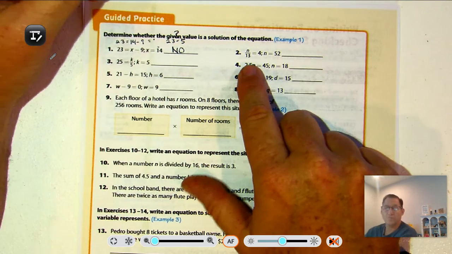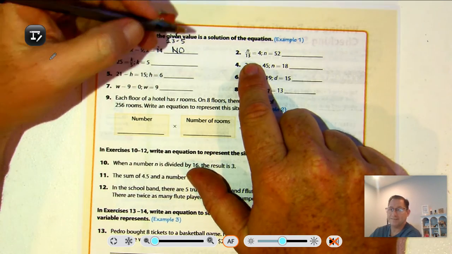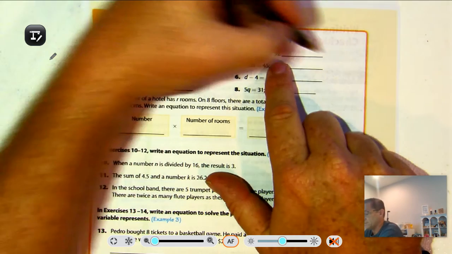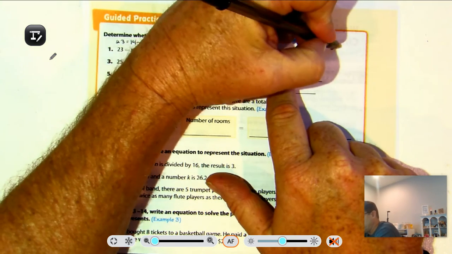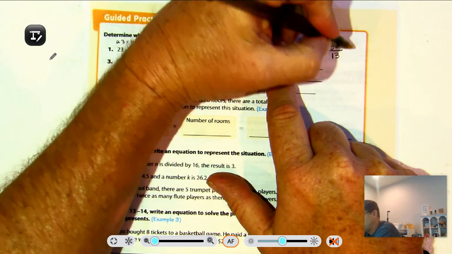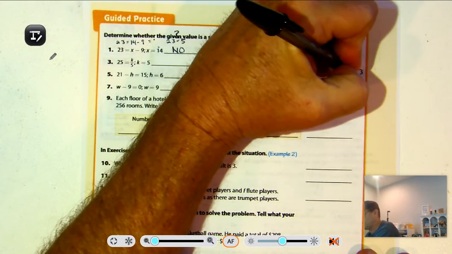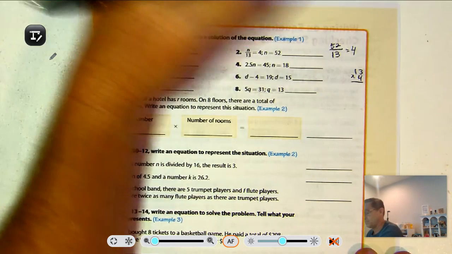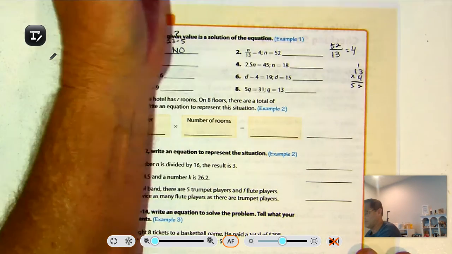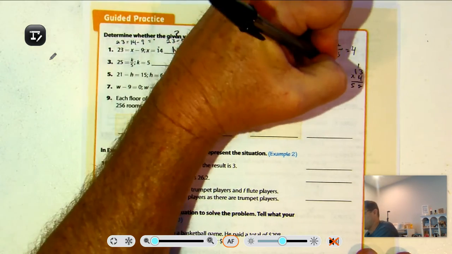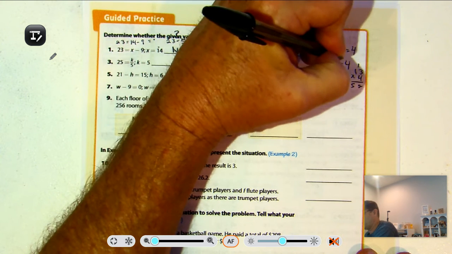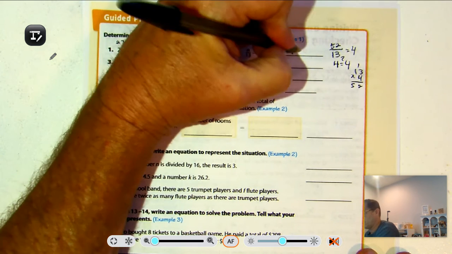Number 2, some number divided by 13 gives me 4. And they want us to substitute 52. So 52 divided by 13, is that 4? Well, let's see. Is 13 times 4 52? Yes. Okay, so 52 divided by 13 is 4, and 4 does equal 4.